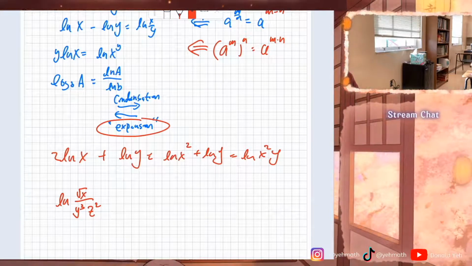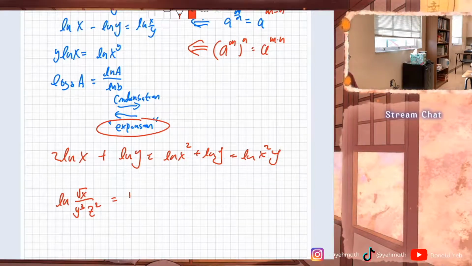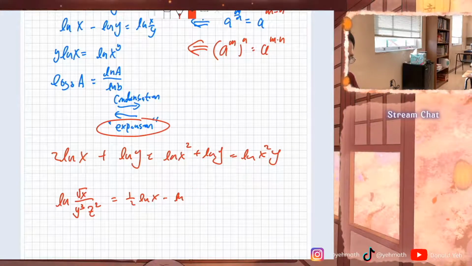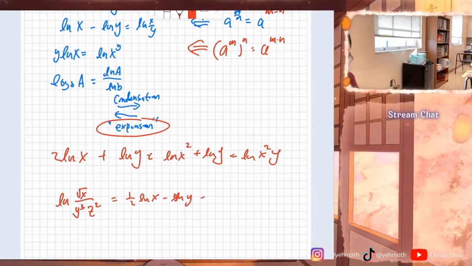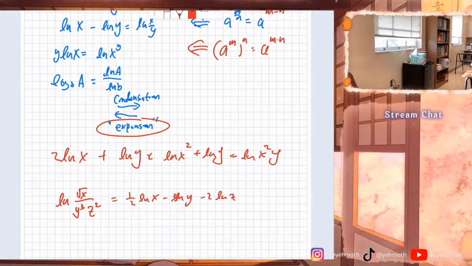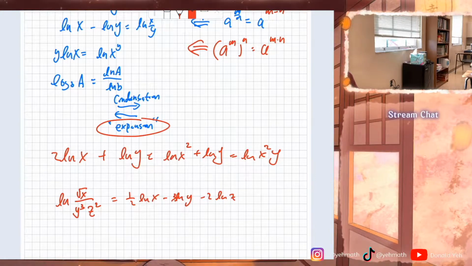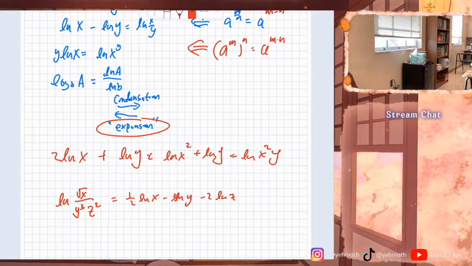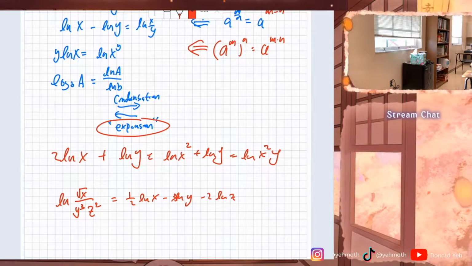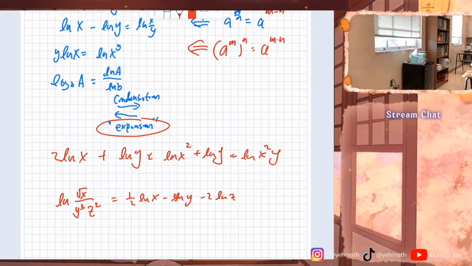What do you think the answer is? How many people agree with this and how many people disagree with this? Minus what? Ethan, did you agree or disagree?